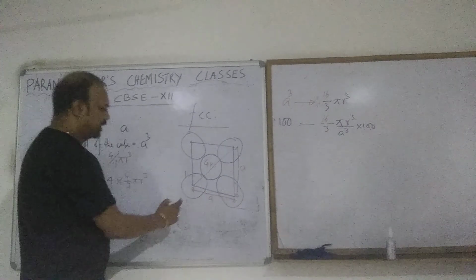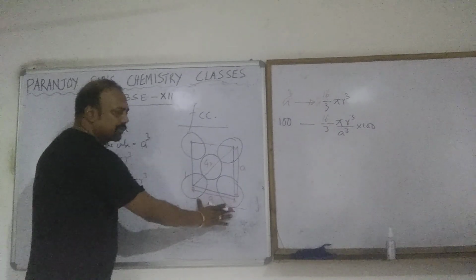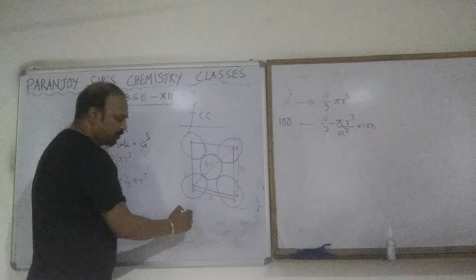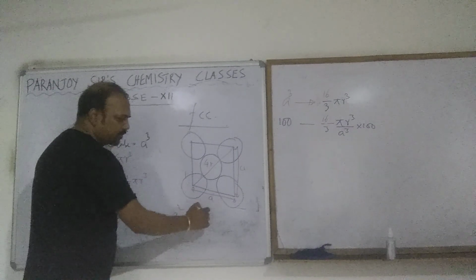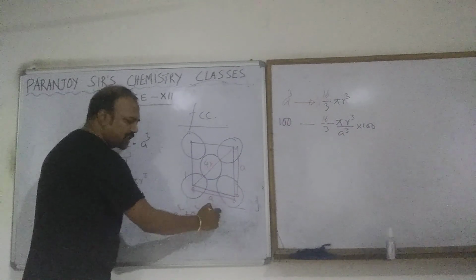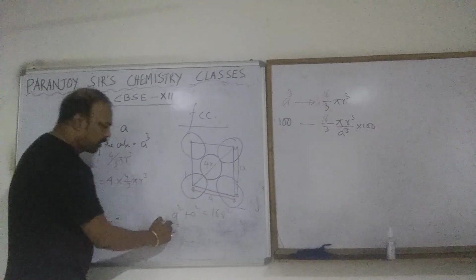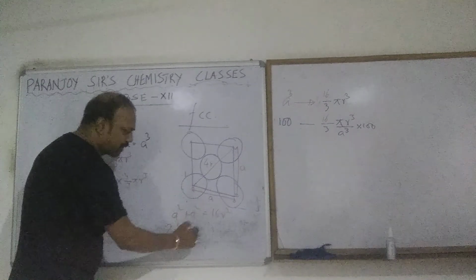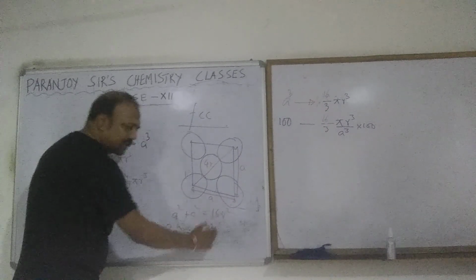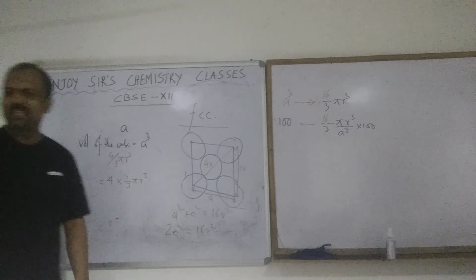a square plus a square equal to 4r whole square, which means 16r square. So 2a square equals 16r square. Don't think we are doing mathematics, it is a very simple thing.